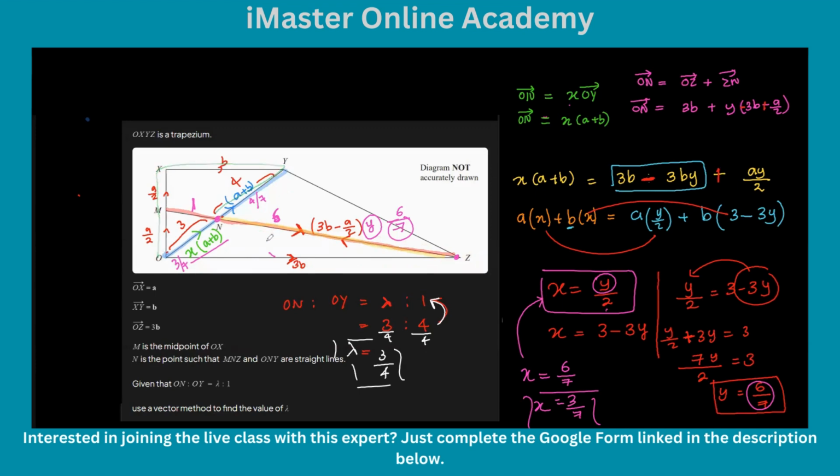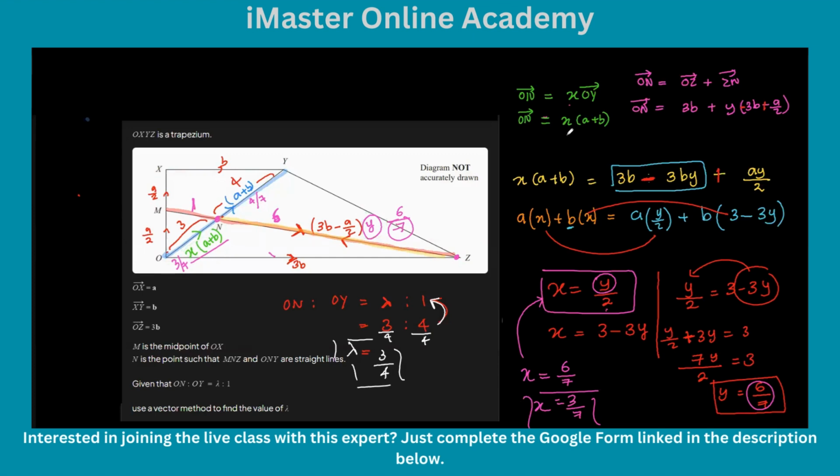The next thing that I assumed is, since I don't know the ratio, but I know the total vector O to Y is A plus B, and the total vector M to Z is 3B minus A by 2. In terms of ON, instead of the missing ratio, we are introducing the fraction in algebraic form, the algebra X and then Y, right? So that is what we did here.